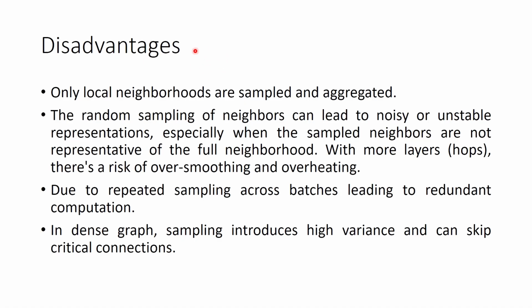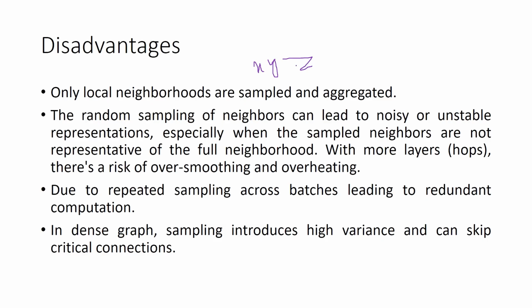Sometimes our sample size is fixed at k, for example let's say our sample size is 3, and in the first batch we have taken these three nodes, x, y and z.